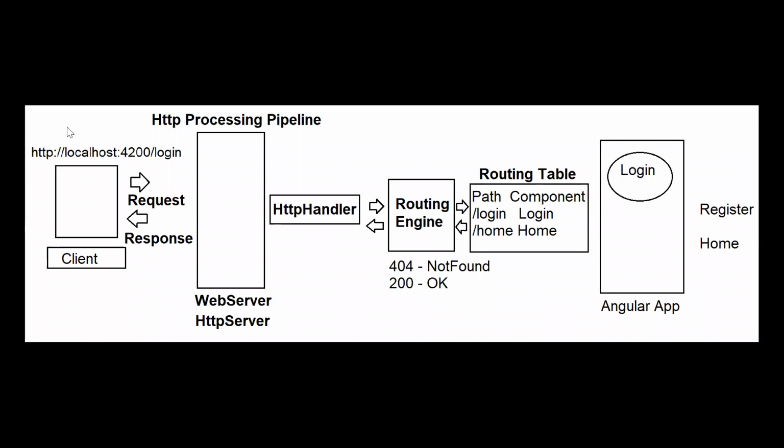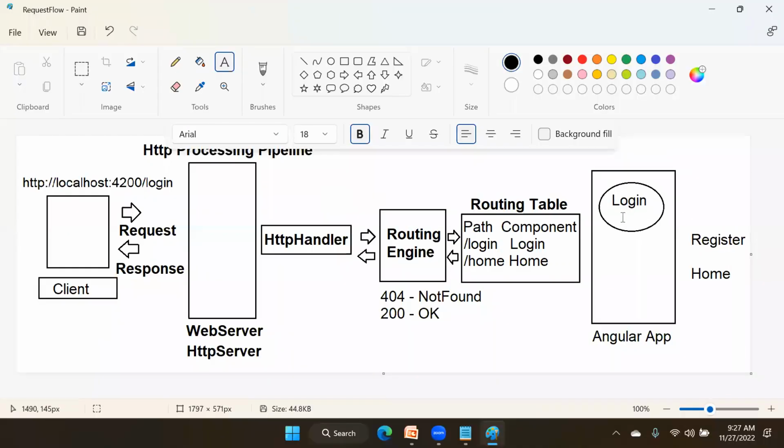Now the question is, once the component is loaded, how much time will it be there? Component is loaded and memory is allocated for this component. Component is loaded and memory allocated for login. How much time will this component be in the memory? Until the next component is requested.